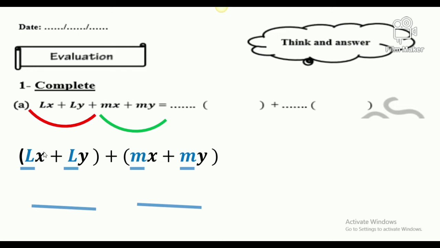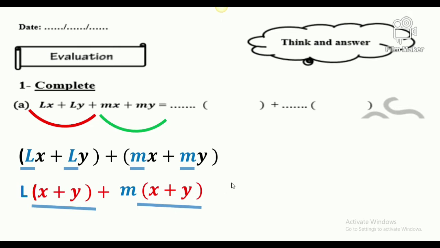So here in these two terms, factor L is repeated, Lx and Ly. And here M is repeated. So I will take L as a common factor. When you take L as a common factor, the remainder in the bracket is x plus y. And here, when you take M as a common factor, the remainder in the bracket is x plus y.